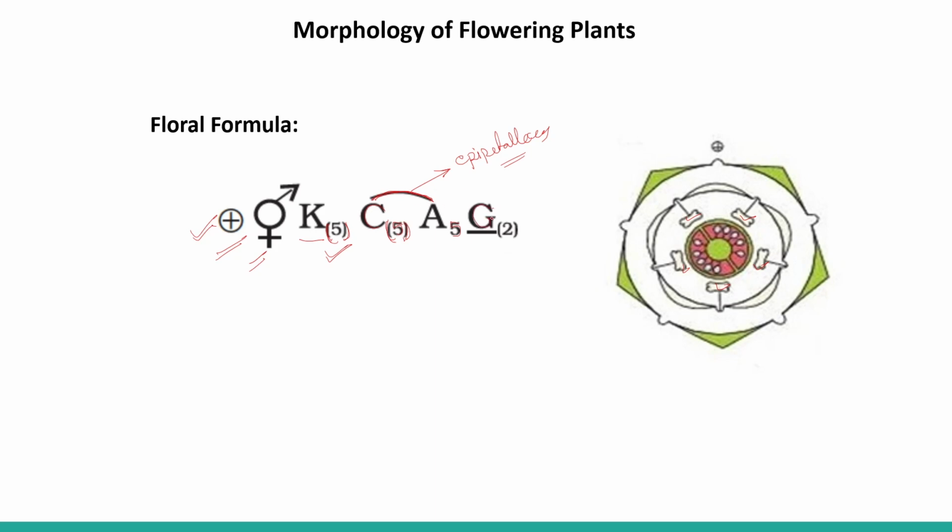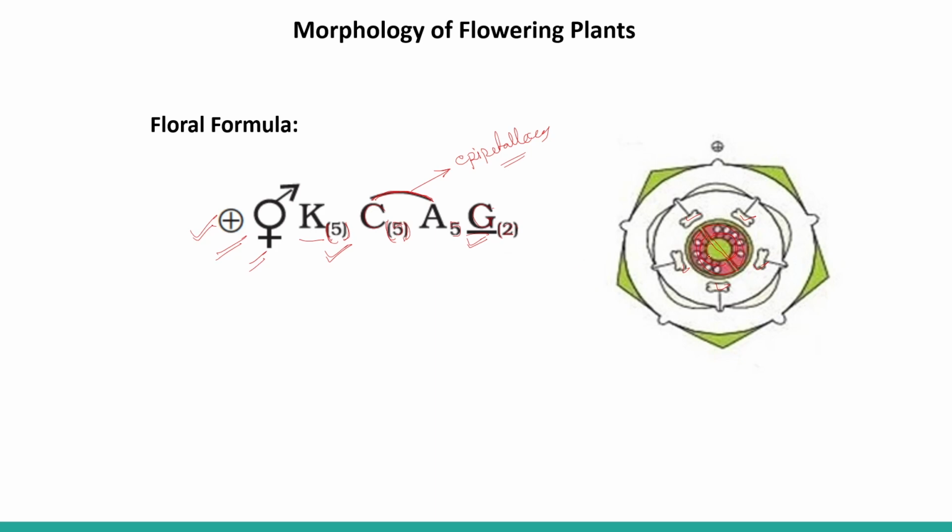G with an underline shows that it is a superior ovary. And the number 2: 2 locules, bilocular ovary, means 2 ovaries and they are fused. We see that this is the first, this is the second, but both are fused.